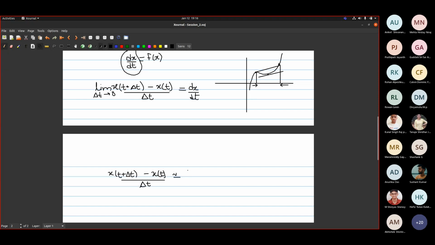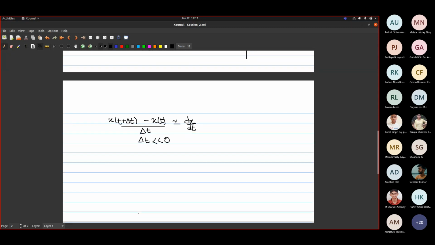This is approximately equal to dx by dt, where we have to make sure delta t is small. If delta t is not small, then the whole thing falls apart. It's still an approximation, but a very inaccurate one. You will see that delta t need not be like 10 to the power minus 6. It can even be 0.1 and it'll still give us a pretty good approximation of the function.